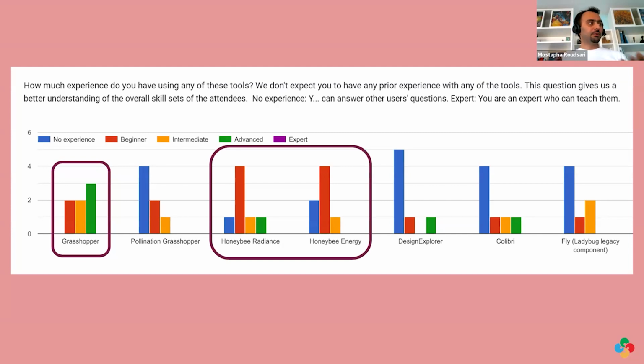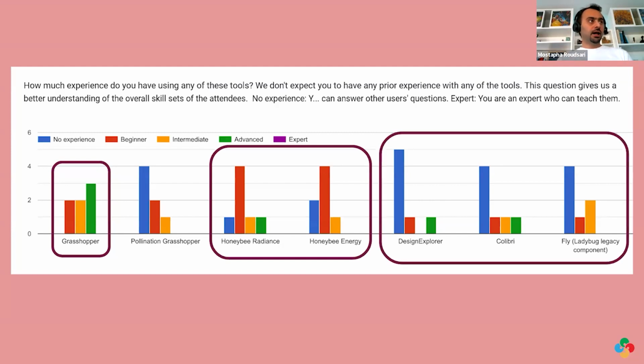Then the good thing is most of you have an understanding of Radiance and Honeybee Energy. Again, this is not a workshop talking about that simulation itself. I'll cover recipes, but hopefully you understand the overall workflow. And then many of you haven't tried Design Explorer, Colibri, or Fly.